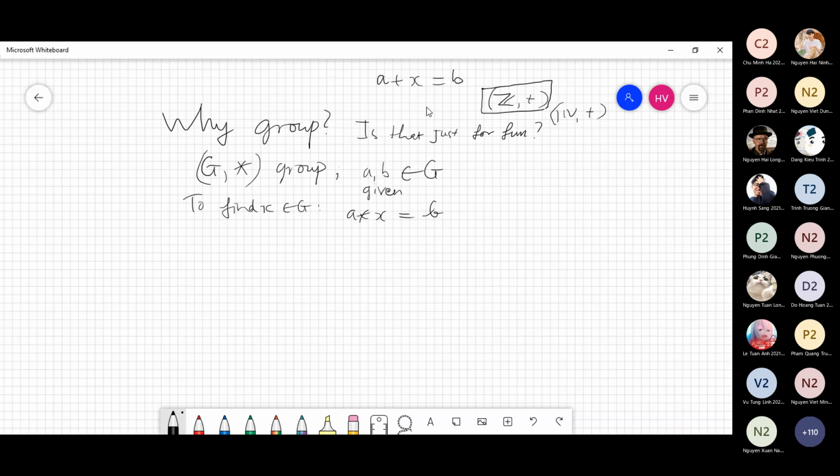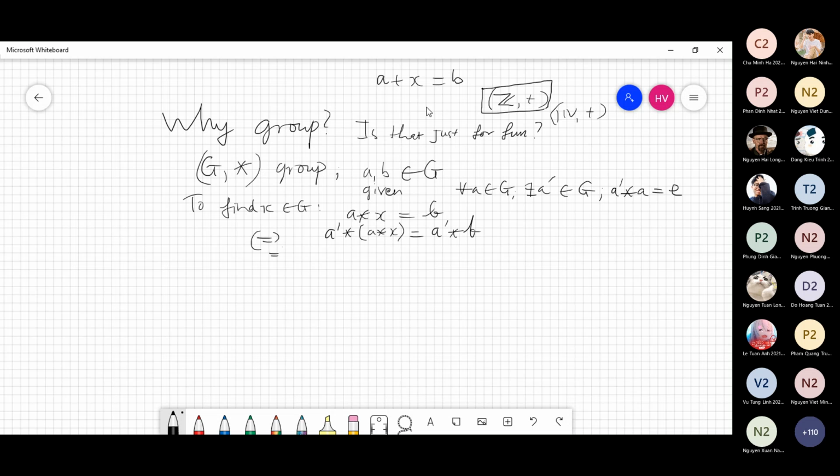So let's solve this. Okay, we know this is a group. So for A in G, there is also A' in G with the property that A' * A = E, which is the neutral element. So therefore I can take the star with A'.